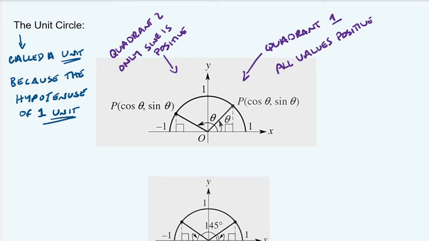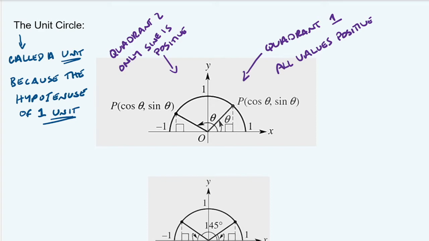So that's why we're calling it the unit circle. Now we said before, sine theta is the y coordinate, cos theta is the x coordinate, and tan theta is y over x. We've already looked at that.